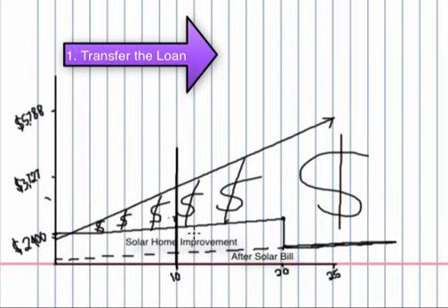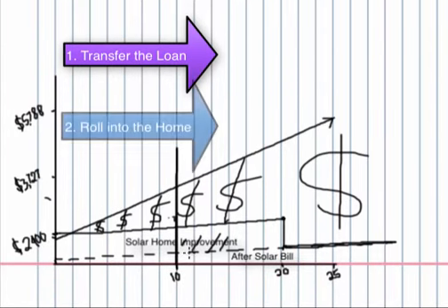The second option, which some people think is even better, is because there's no prepayment penalty with this program, you can just take the remaining balance left on the loan, not the full amount, okay, no interest, no prepayment penalty. So you can take that remaining amount, roll it into the cost of the home. Now you're advertising a house with almost no bill whatsoever, and that absolutely warrants a higher asking price for the home.